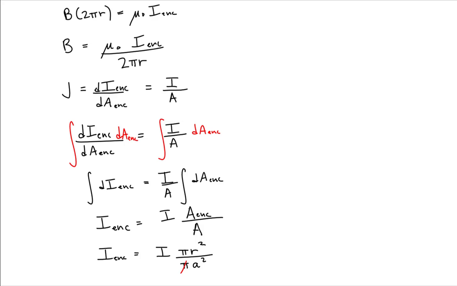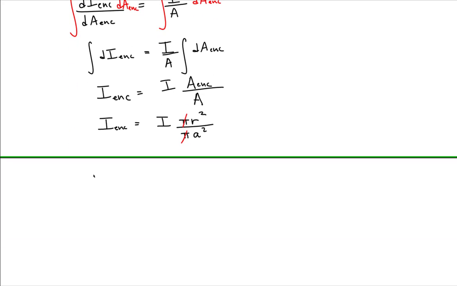The pi's cancel, and we have that I enclosed by our Amperian loop is equal to the current in the wire times the ratio of the distance from the center of the cylinder to our point over the radius of the cylinder squared.